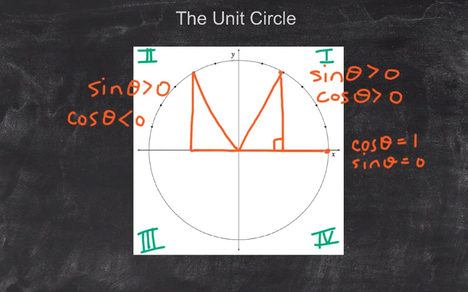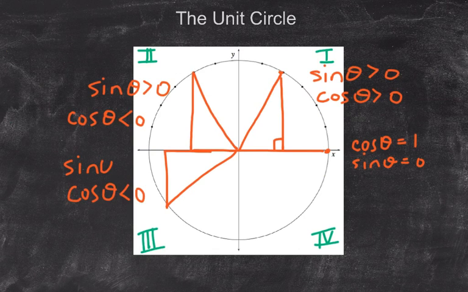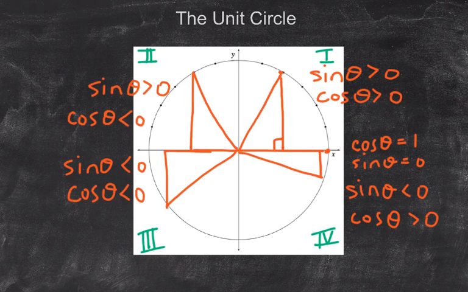In the third quadrant, I'm looking at a triangle like this, which has a negative cosine for the same reason, and a negative sine, because now the height of my triangle is below the x-axis, so it's at a negative y value. And then looking in the fourth quadrant, I can create a triangle here that has a negative sine, because it's below the x-axis, but my cosine is positive again, because it's on the right side of the y-axis.